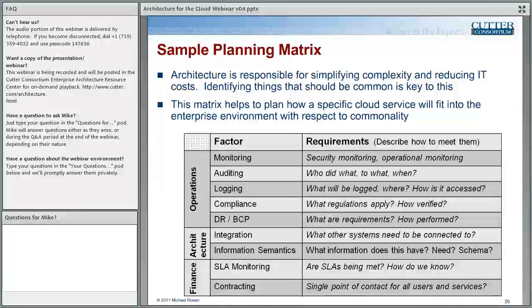One of the ways we do this is to identify the things that need to be common. So here is a list of things that we want to be common across the cloud, and we then use this matrix to describe the requirements for commonality.